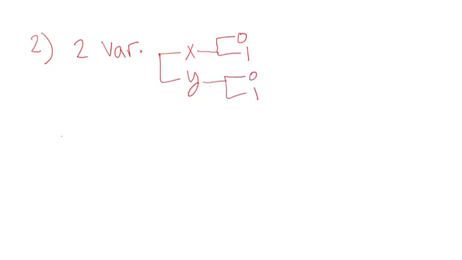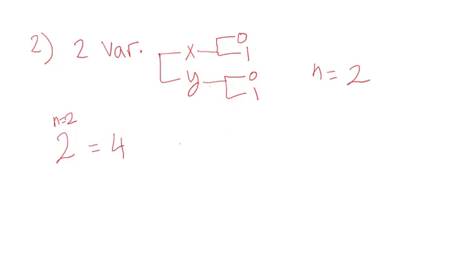So again, we have two states, so that's 2. And n is the number of variables. I have x and y, so that's 2. So the number of combinations with two variables is 2 to the power of 2, which is 4 combinations.